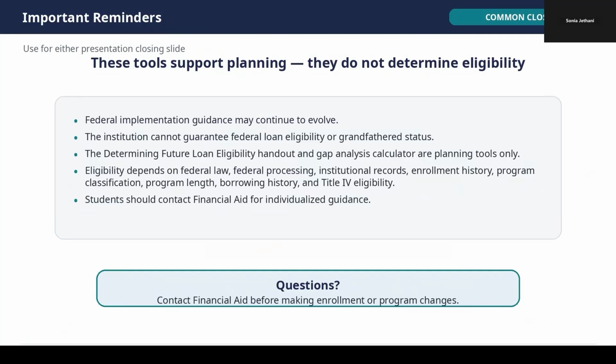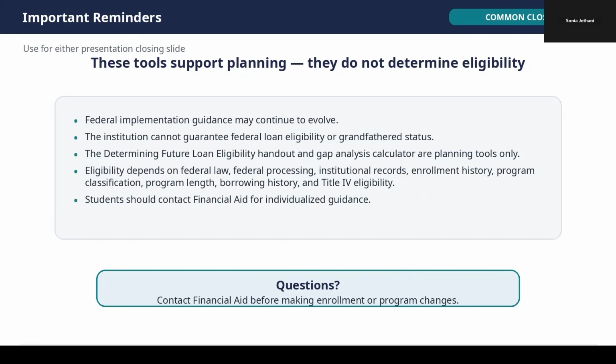Disclaimers and support. Before we move into the next section, I want to pause on a few important reminders. The information in this presentation is based on current understanding of federal changes. Federal implementation guidance may continue to evolve. The institution cannot guarantee continued federal loan eligibility.